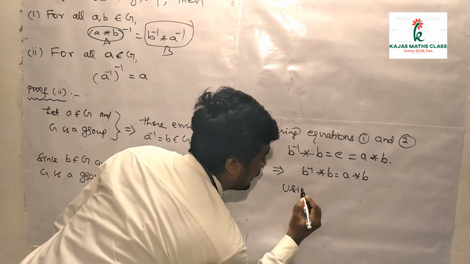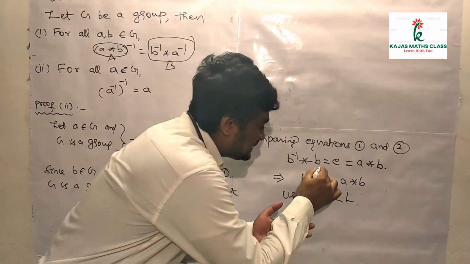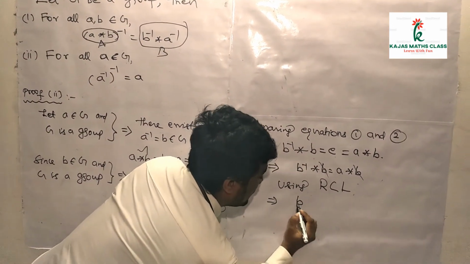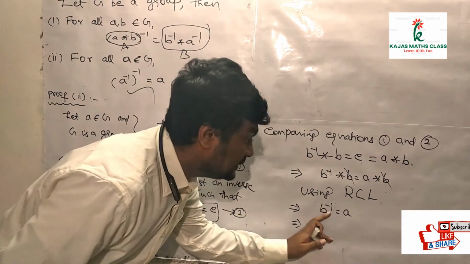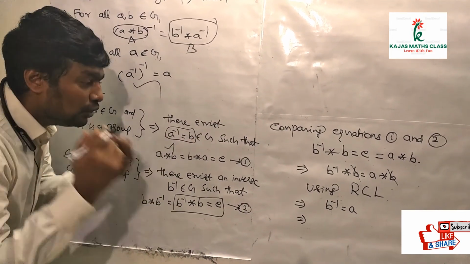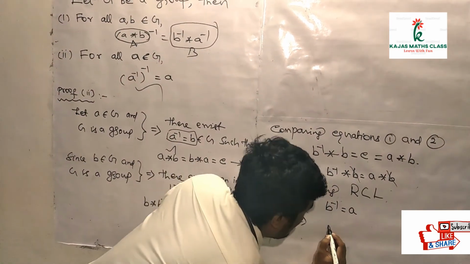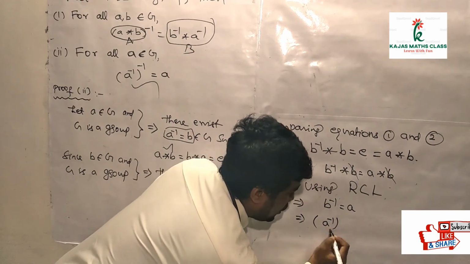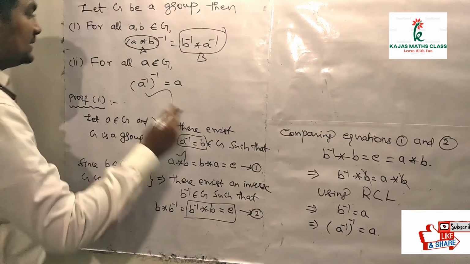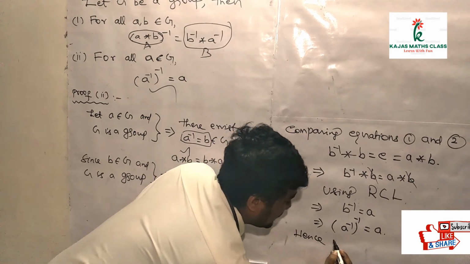Using the right cancellation law, I can cancel these two terms. This implies b inverse is a, right? What is this b? This b is a inverse, right? So I am going to replace a inverse in the place of b. See what happens: (a inverse) inverse is equal to a. This is our required result. Hence, the proof.